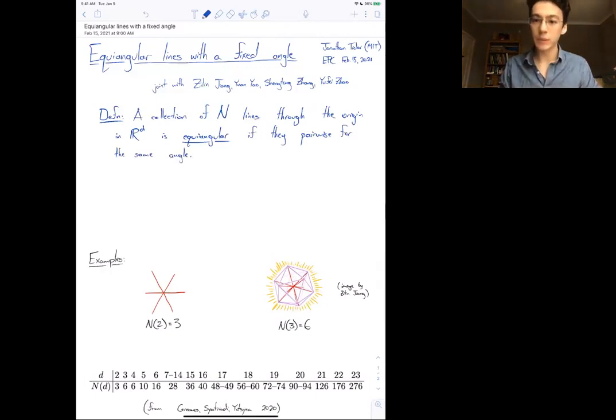So a very simple and natural question is just what's the largest size of a collection of equiangular lines in d-dimensional Euclidean space? I'll denote this quantity by n of d.